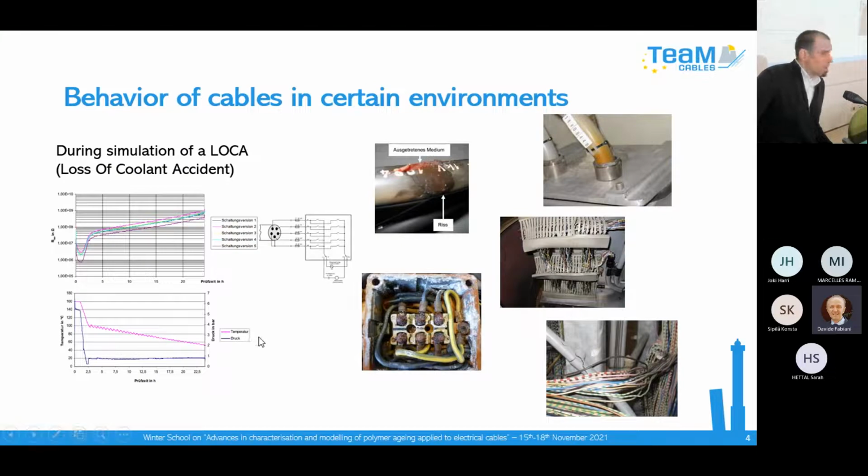So here are some examples. This is a qualification test I performed, I think, 10 years ago. Here we see the insulation resistance of the cable in the course of a local simulation. That means we put the cable into a pressure chamber and applied pressure and 100% humidity.